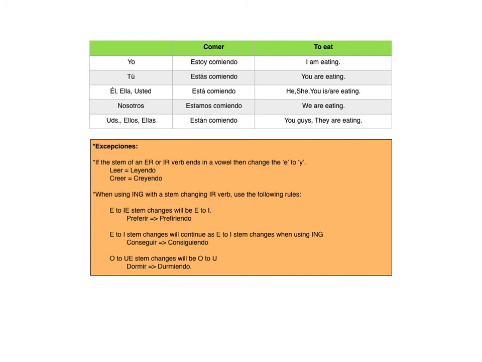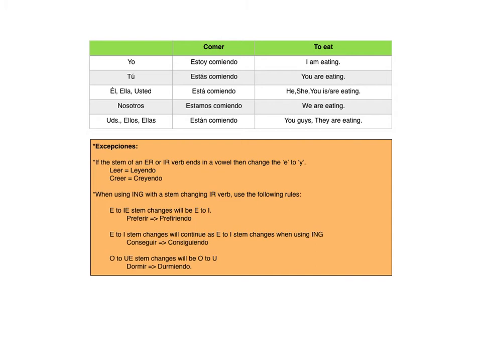When we take the ER off of the verb leer, we're left with its stem, the stem being just LE. If the end of that stem is an E, then when we go to add the iendo, the ING ending, we're going to take that I and change it to a Y. So it's not going to be leiendo, it's leyendo.